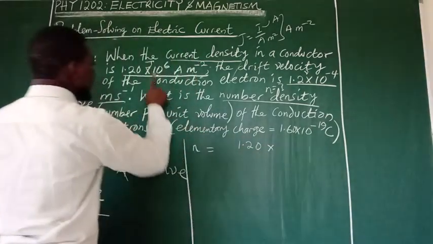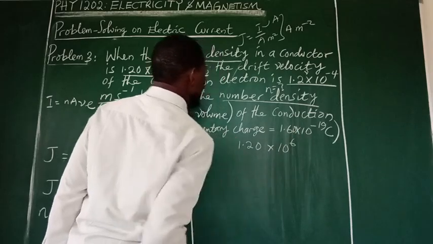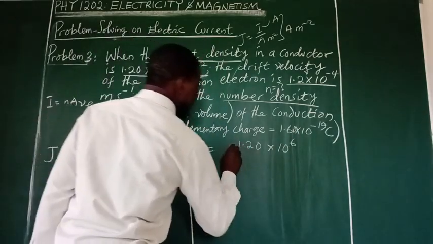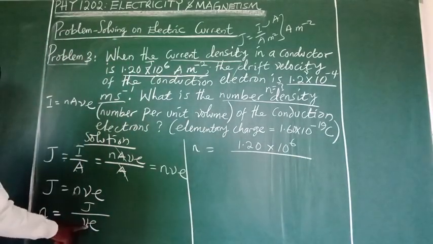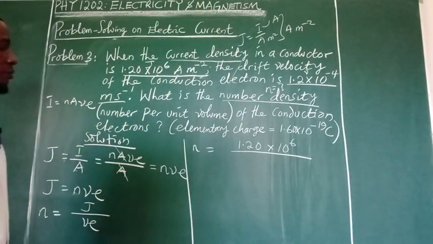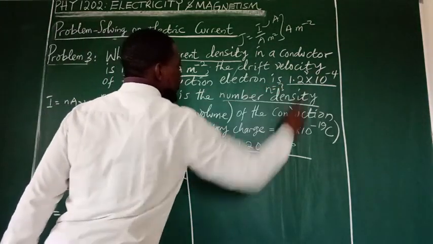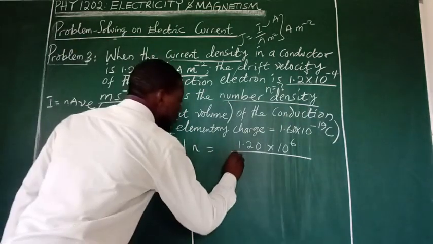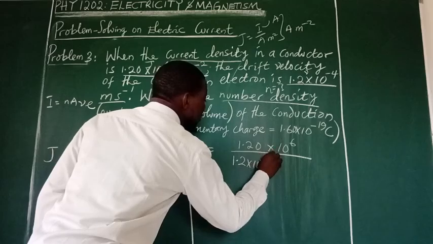1.20 times 10 raised to the power of 6. You see? And then divided by v. What is v? Our v is this, 1.2 times 10 raised to the power of minus 4.